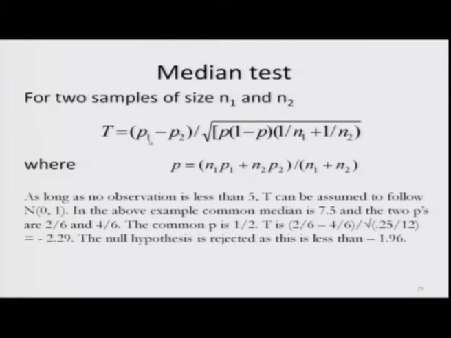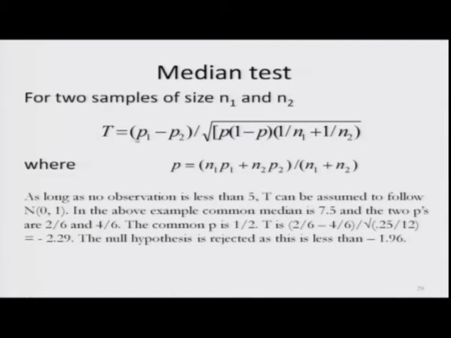So P1 is the proportion of observations in group 1 which are above the median of the pooled data, and P2 is the proportion of all the observations in group 2 which are above the median of the pooled data.